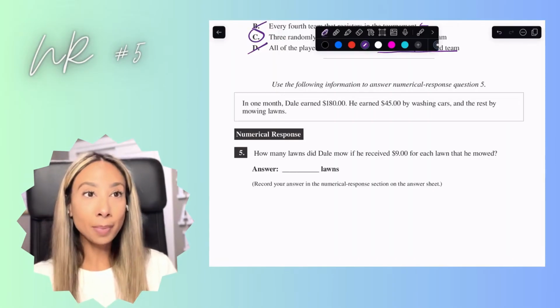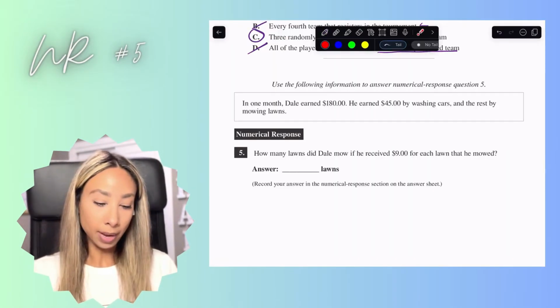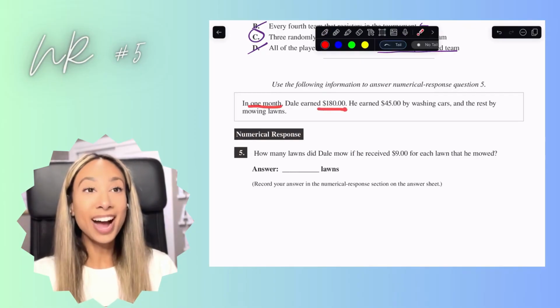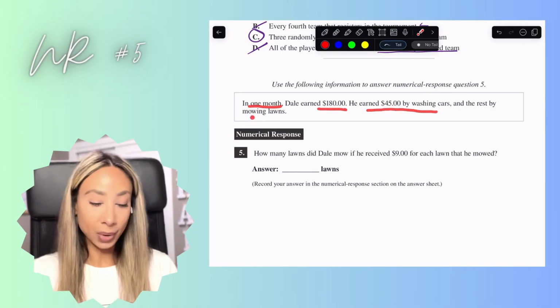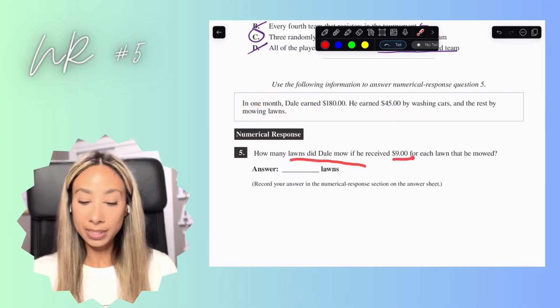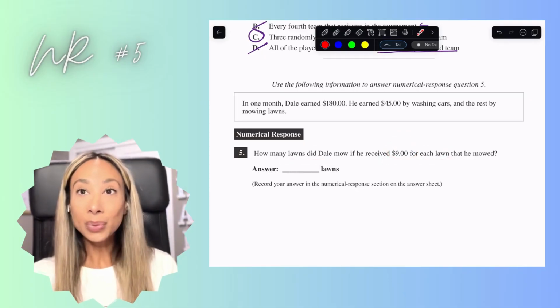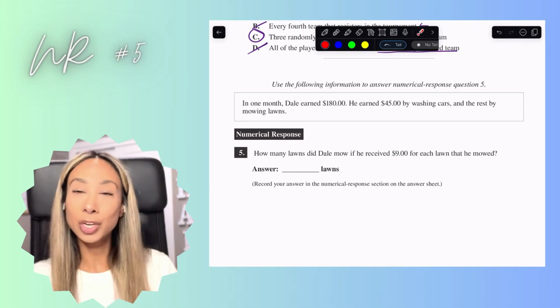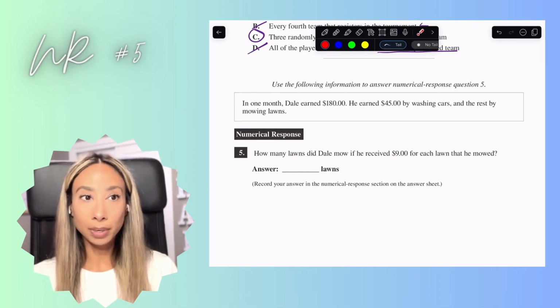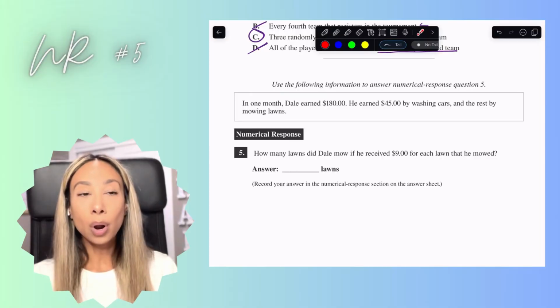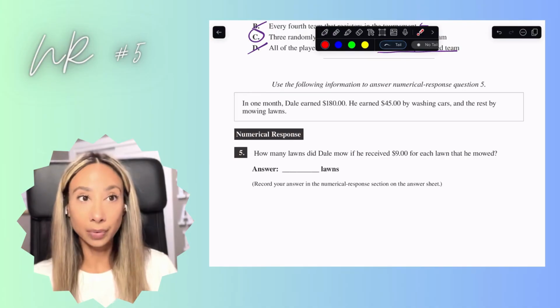All right, number 5 here. In 1 month, Dale earned $180. He earned $45 by washing cars and the rest by mowing lawns. How many lawns did Dale mow if he received $9 for each lawn that he mowed? Okay, so this kind of goes back to that question with those rental cars. We need to devise a little bit of an equation here, or come up with the way the two numbers come together to figure out the remaining.